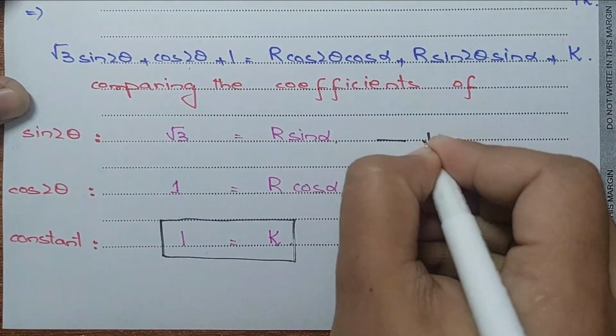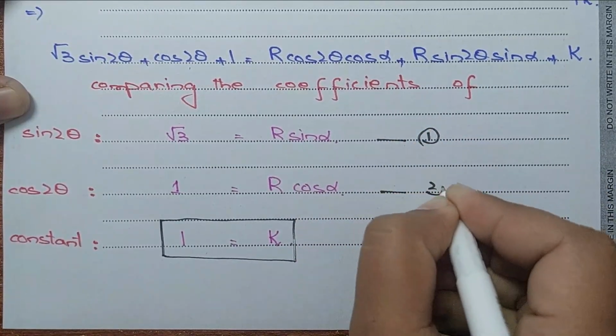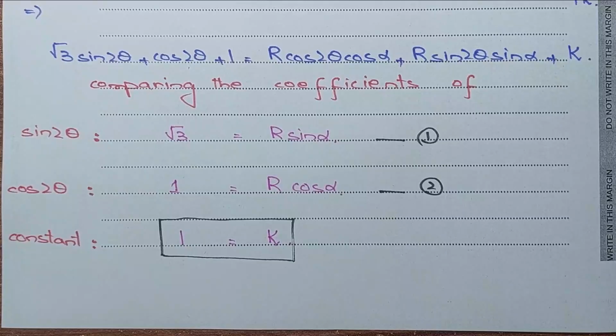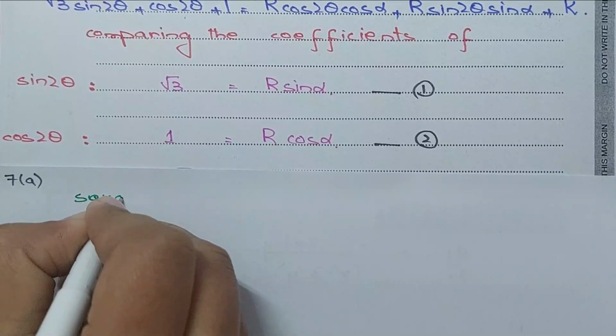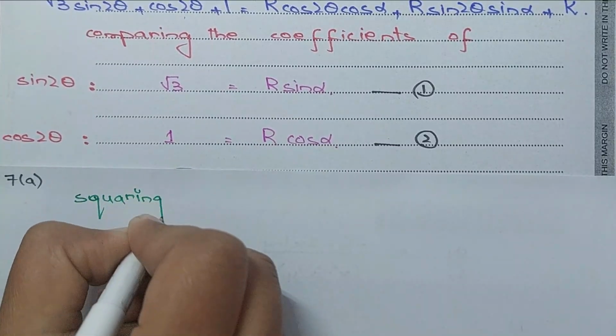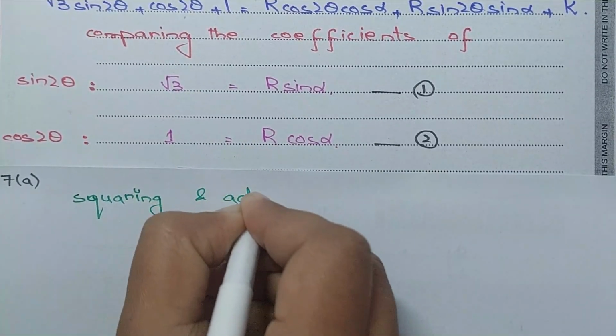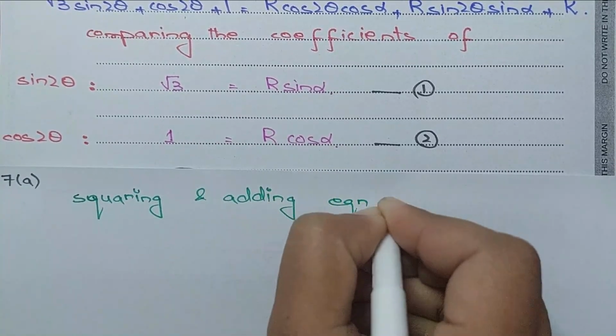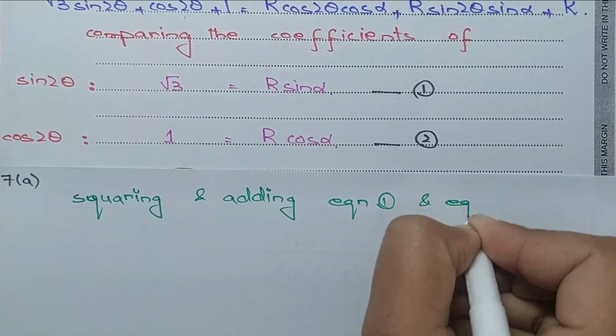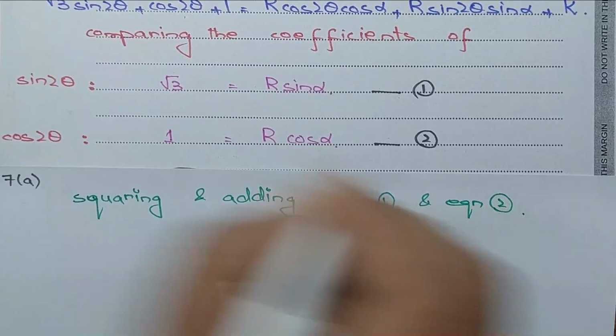Now this is your first equation and this is your second equation. In r and alpha you have to square and add the two equations to get r, and then divide the two equations to get alpha. So here we can say squaring and adding equation 1 and equation 2.